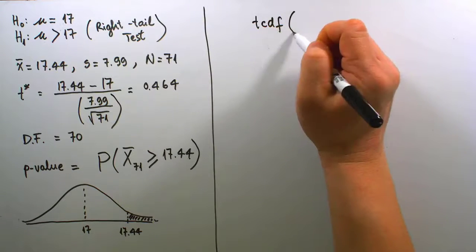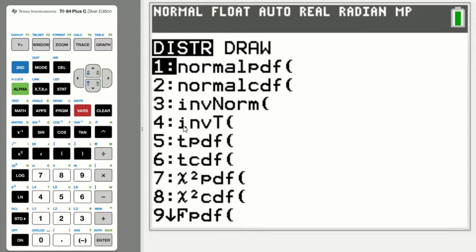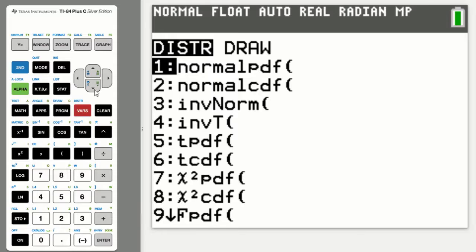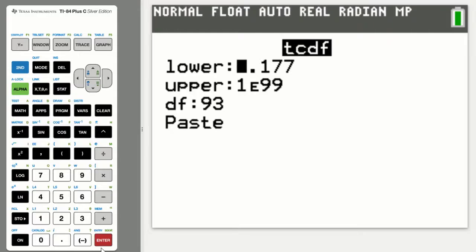And the tcdf command, so on my computer screen right here, I'm going to go second variables and look for tcdf again. And for the low end, instead of the actual sample mean value, we have to enter the t-score 0.464 for low end.